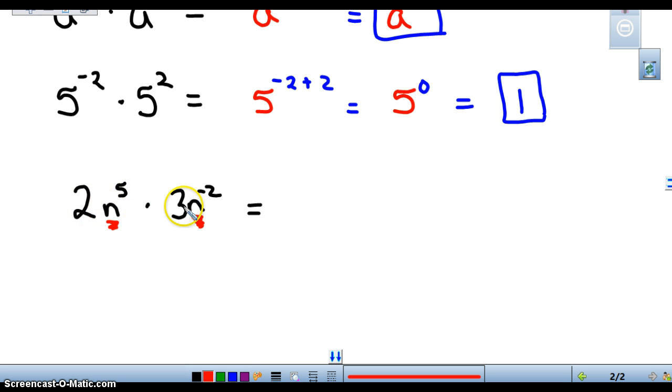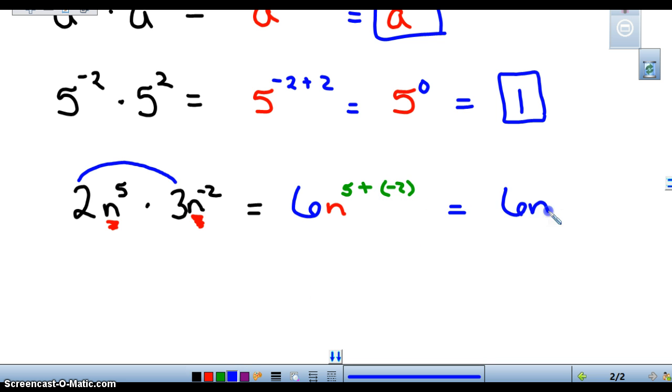What do we do with the 2 and the 3? Multiply them. So what's 2 times 3? 6. Then we said our base was n. What do we do to the exponent? So my answer would be 6n.